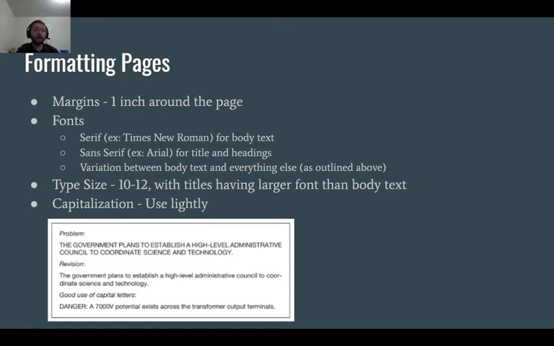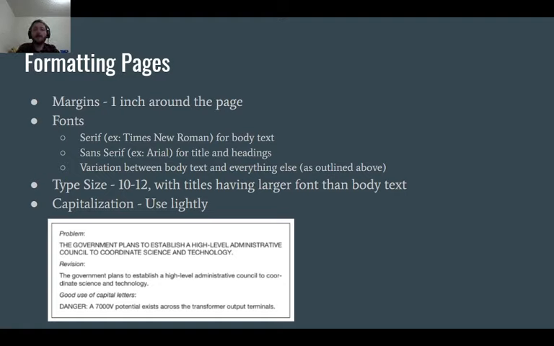Fonts. So there's a few different fonts you might want to look at. First, the serif type of fonts, like the Times New Roman font, is really good for bodies of text. So if you're writing instruction manuals or a recommendation report or proposal, the body, the meat of that document, typically needs to be in something like a Times New Roman font, just because it's a little easier on the eye.